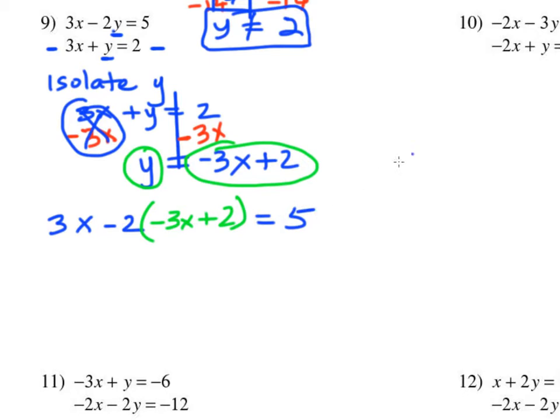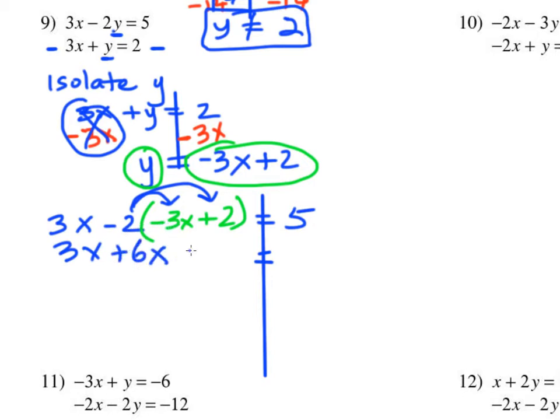All right, so now our last step is we're going to need to solve for this guy. So let's solve. Draw my barrier here. All right, let's distribute. So we get 3x. What do we have here? Negative times a negative is a positive. 2 times 3 is 6x.